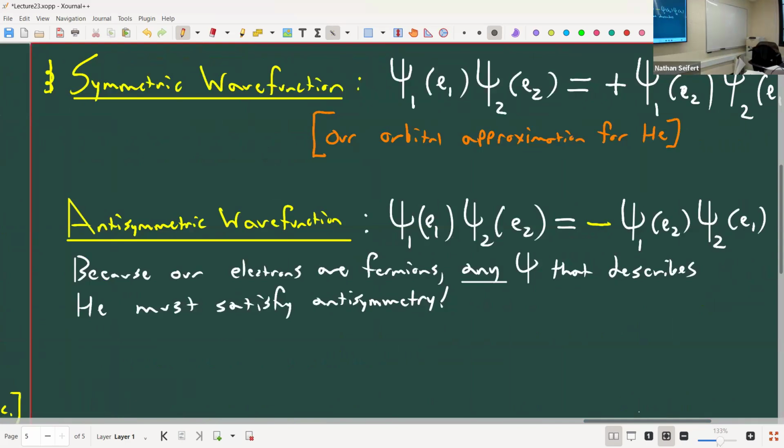So what we should do is modify this, just like we did in spin orbit coupling. Let's modify our spin-free approximation by adding spin and constructing our spin representation so that it's antisymmetric like it should be, so that we get a negative sign when we swap two electrons.